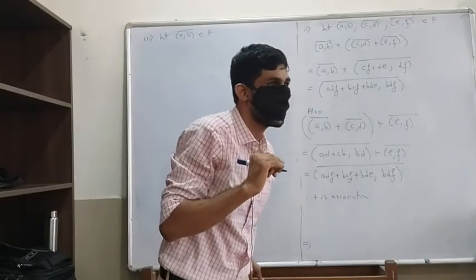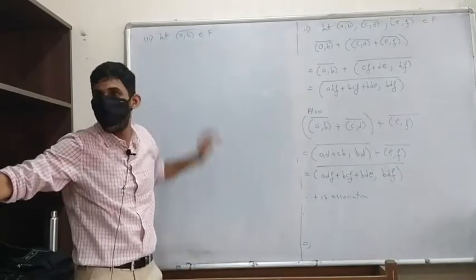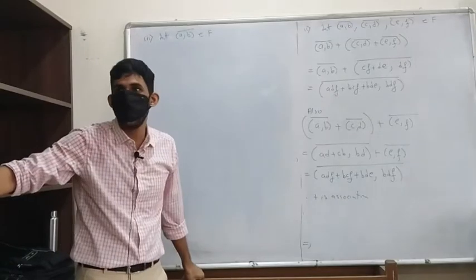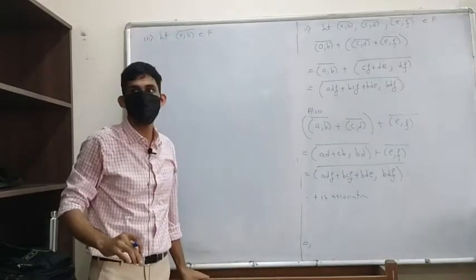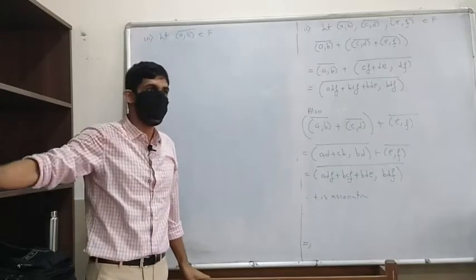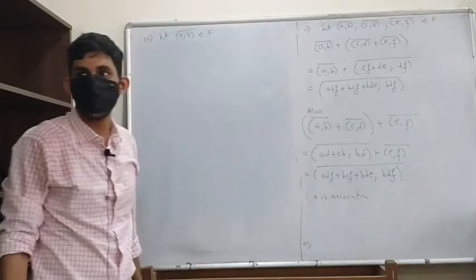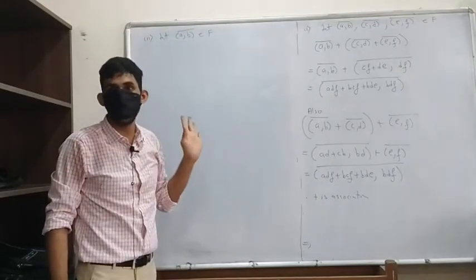Addition. What is the additive inverse of this? Minus a, comma. How do I know I have minus a? Because D is a ring. Just the fact that it's a ring is sufficient for us. So minus a comma b bar is the inverse.